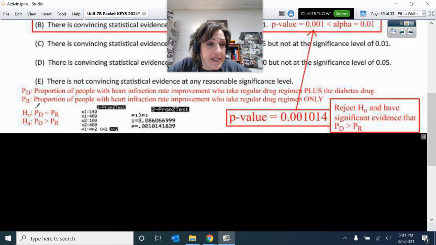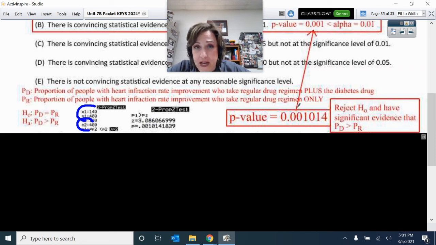The null hypothesis is that those are equal, but alternatively, we wonder if the improvement for the diabetes drug is greater than that of the regular regimen. Okay, so the diabetes drug had 140 out of 400 improvement. The regular regimen had 100 out of 400 improvement. So that gave a z-score of 3.09 and a p-value of 0.001.